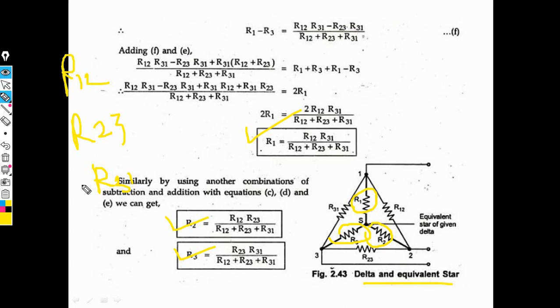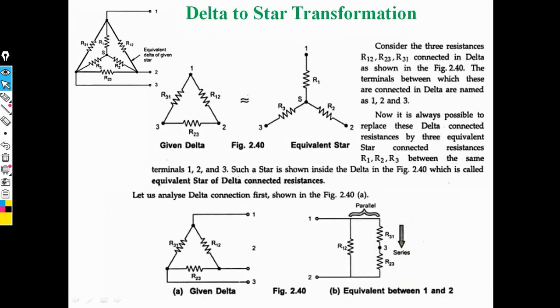That is, in this delta to star, first we need the delta circuit and star circuit. Then we need the given condition in the delta circuit, that is R12 is parallel to R31 and R23, but R31 and R23 are both connected in series in delta.